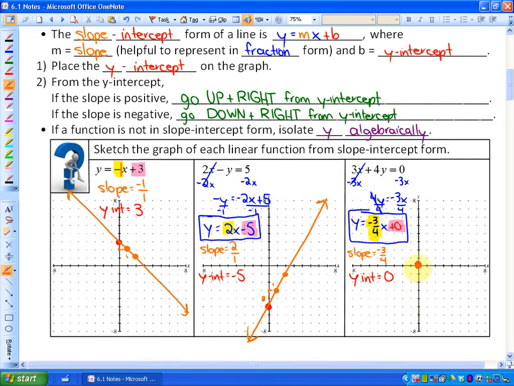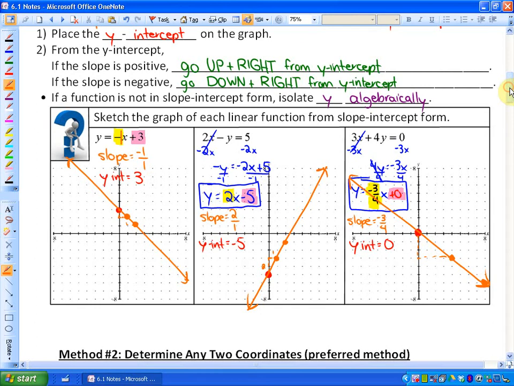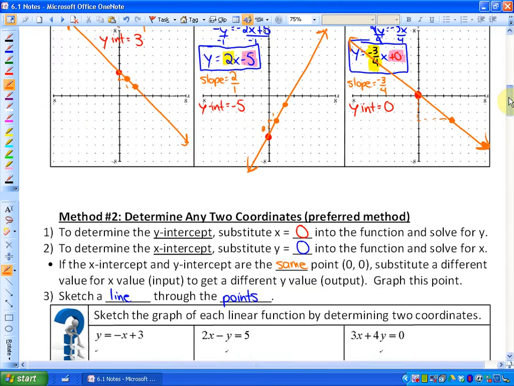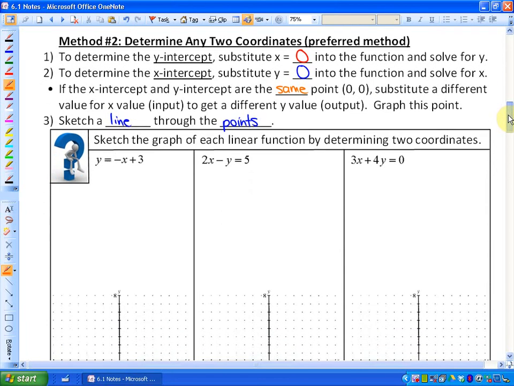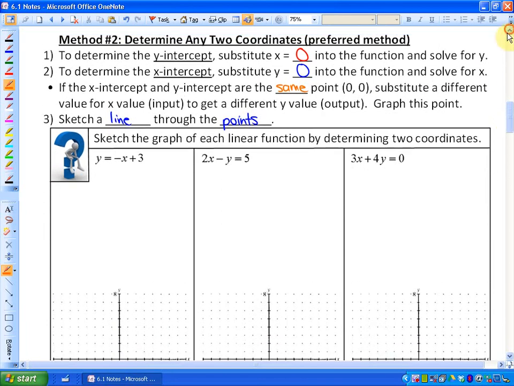So from that y-intercept go down 3 and over 4. So that line, or the relationship between x and y, would look something like that. Okay, so there's kind of the idea. Now, that is not the preferred method. What I'd like to do is graph the exact same 3 lines, just using an alternative method, which is what we're going to focus on in this particular chapter or unit.